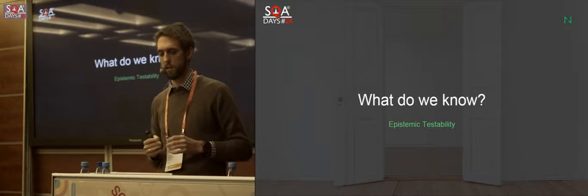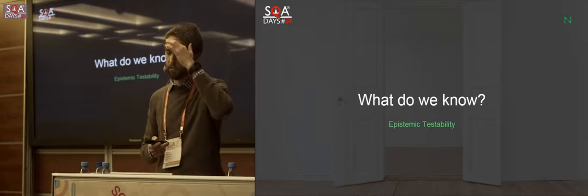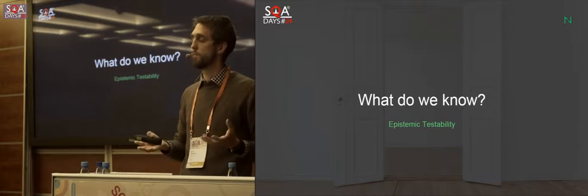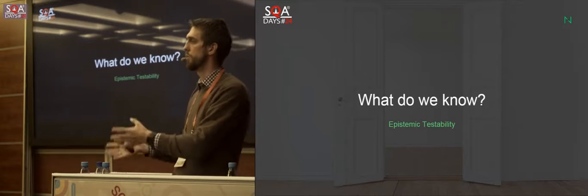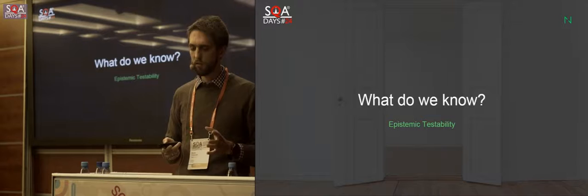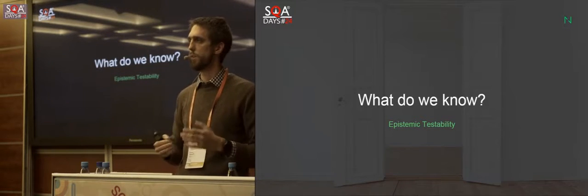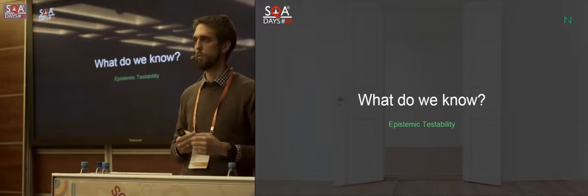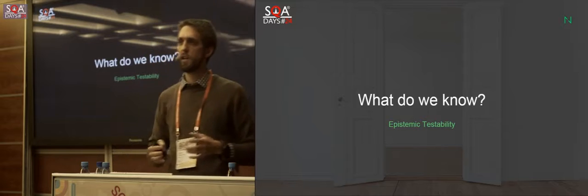And the last item about testability I would like to talk about is epistemic testability, sometimes also called the risk gap, so the gap between what we already know and what we want to know about the software we are actually testing. So, for example, if we follow an iterative approach to testing, we learn much more, so we have more knowledge at the end of development and there are fewer tests to be executed.